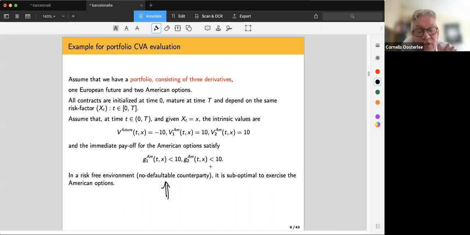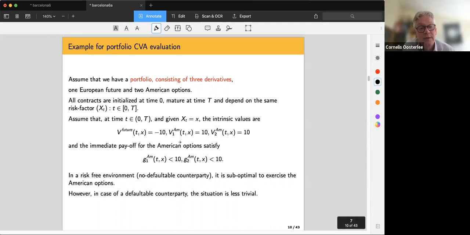Now this changes, of course, when the counterparty could go into default, right? We could potentially lose all of this money. So in the case of a defaultable counterparty, the situation changes. So let's remember -10 for the future, 10 for American option 1 and 10 for American option 2, and the exercise value is less than 10.